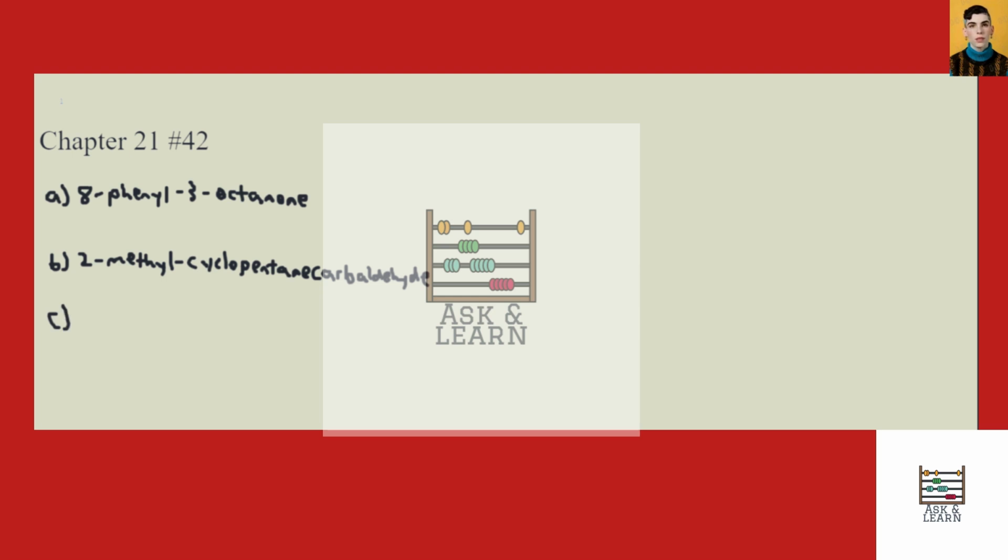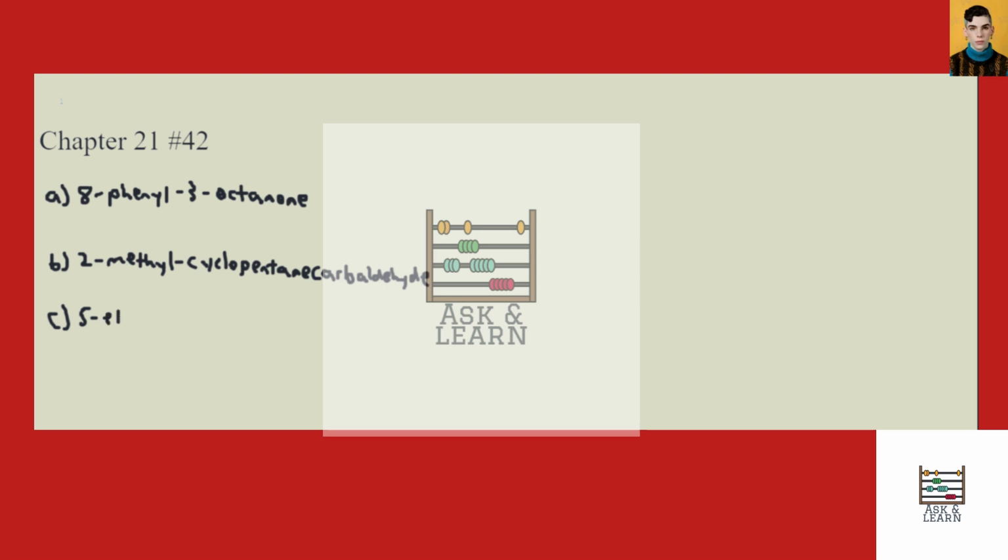All right, then moving on to C. This is going to be a 6-membered ring. There's a ketone in the ring, so obviously that will be carbon number 1. Then we're going to have a methyl group at carbon number 2, and that's going to put our ethyl group at carbon number 5. We put all of those pieces together and make sure that we are listing our substituents in alphabetical order.